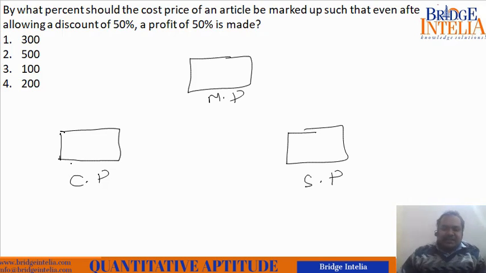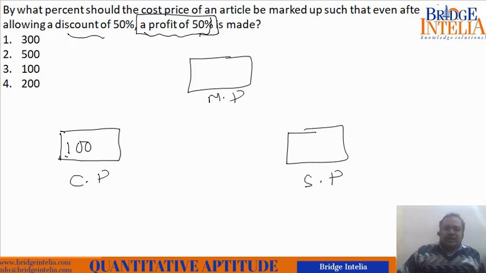Let's fit in the data. So no concrete data is given, so you can start assuming. So assume the cost price to be equal to 100. So it is known that whatever discount you give, but you have to make a profit of 50%.